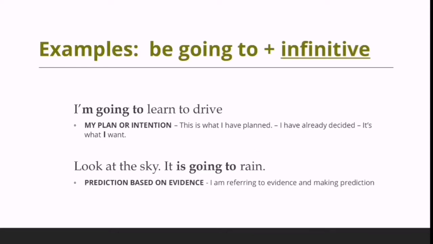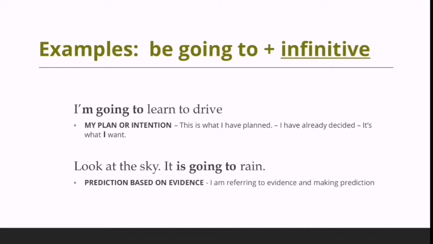The first example, I'm going to learn to drive. So that is my plan. That is an intention that I have. This is what I have planned. I have decided and I want to do it.